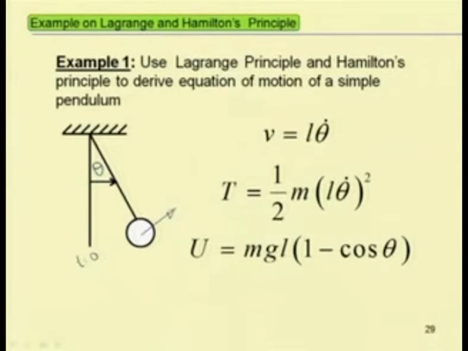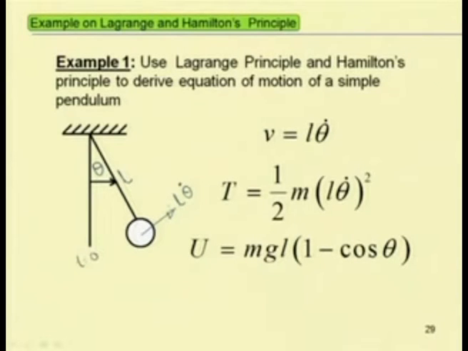So it has come to this position, and if the length of the pendulum is L, then its velocity will be equal to L theta dot. So the velocity of the bob of this pendulum can be written as L theta dot. One can then find the kinetic energy and potential energy.